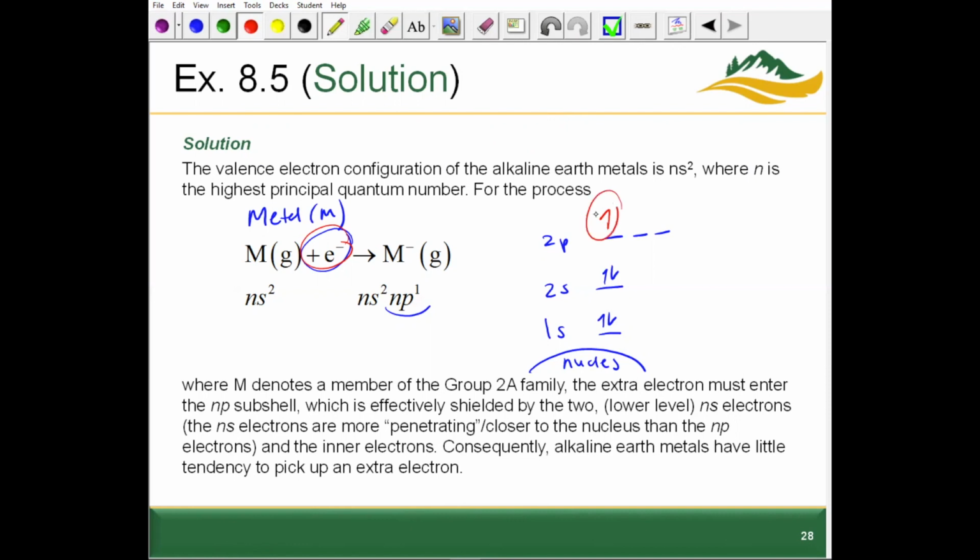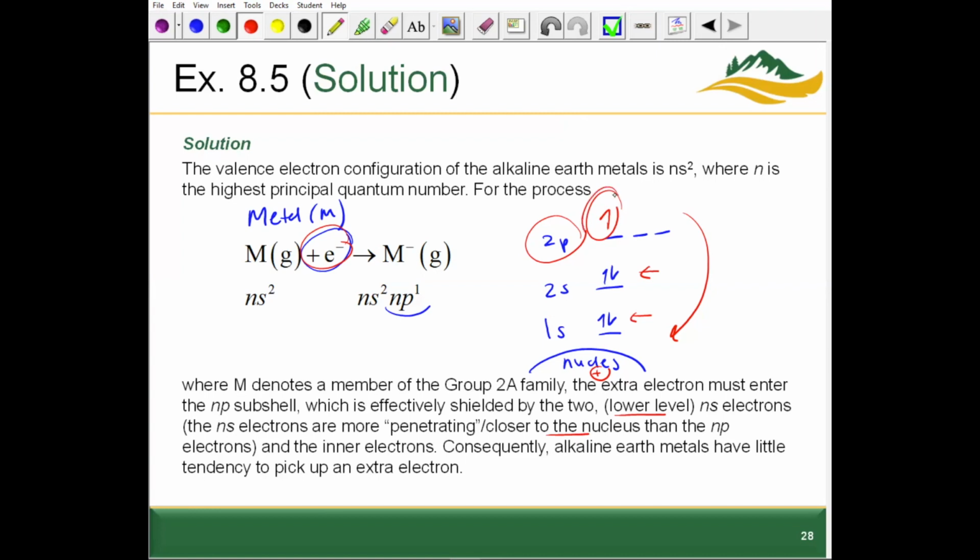For that electron to be stabilized by the positively charged nucleus, well, it's not really going to be that stabilized because we have these other shells of electrons that are blocking its distance between the nucleus and this 2p subshell. These lower levels of electrons are closer to the nucleus.